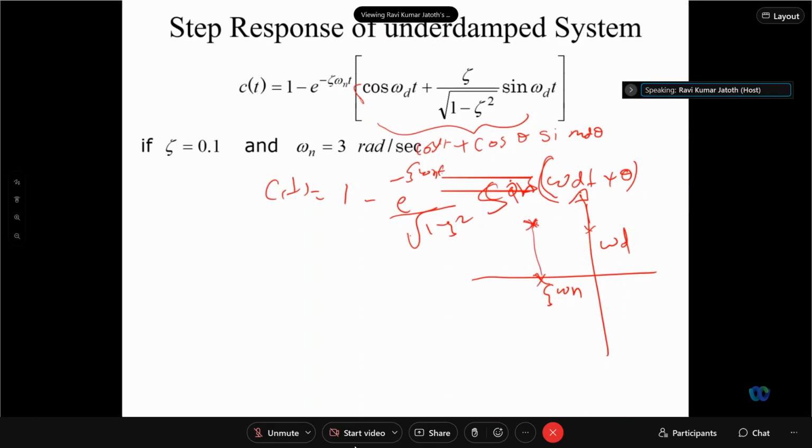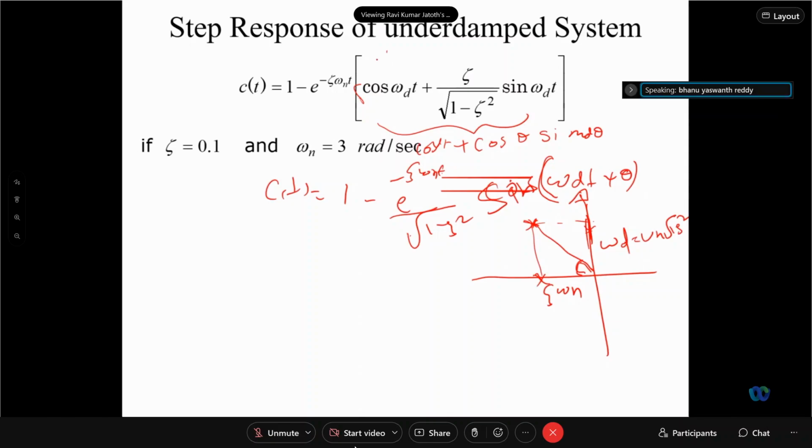So under root 1 minus zeta square you can write sin theta.